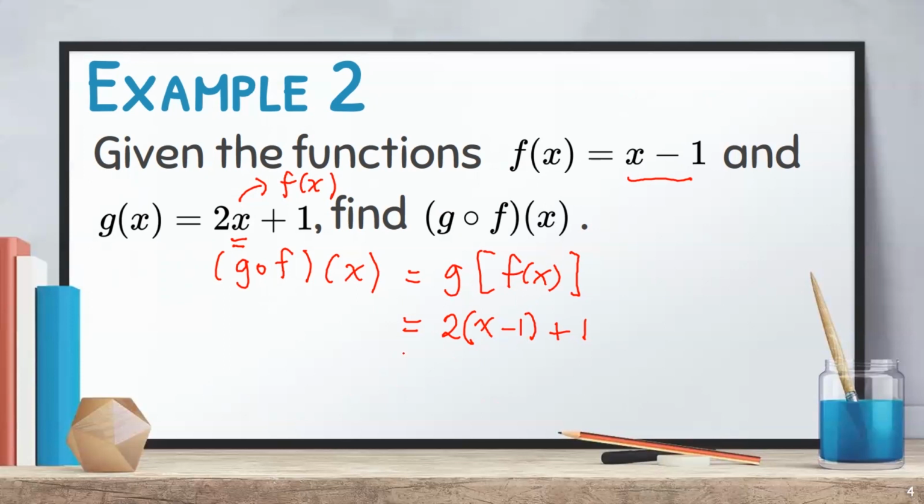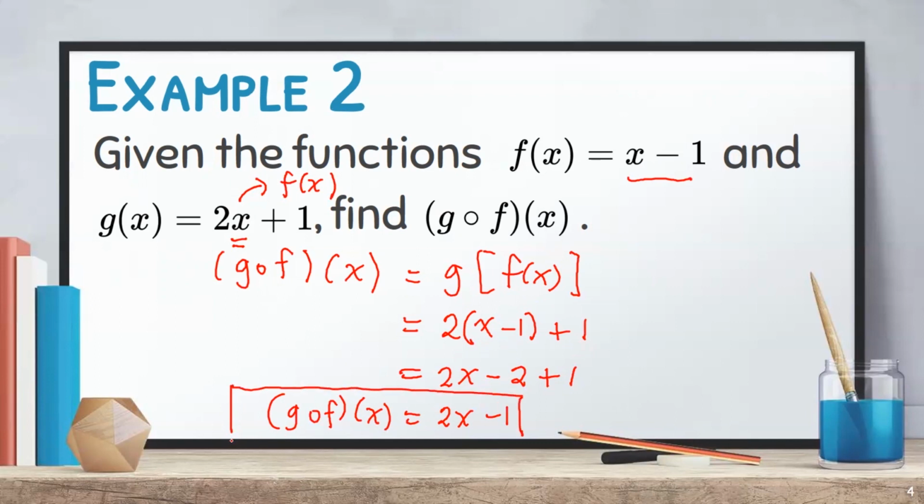Then, simplify. 2 times x is 2x, then 2 times negative 1 is negative 2, then bring down plus 1. Simplifying this, we will have 2x minus 1. So therefore, g of f of x is equal to 2x minus 1.